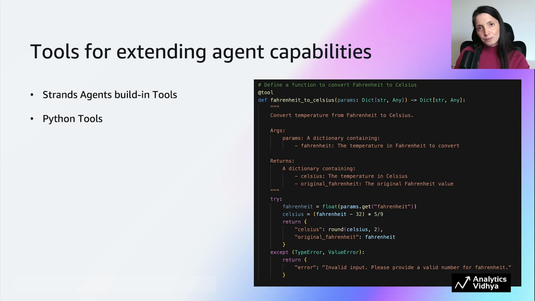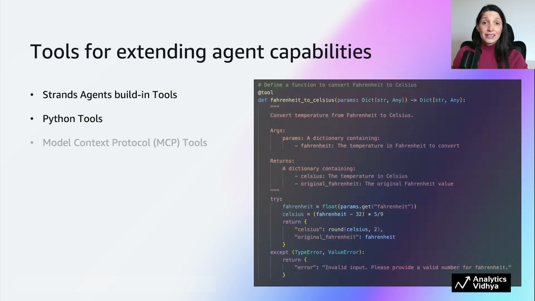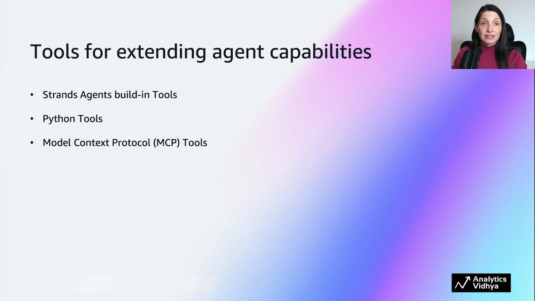And last, we have the Model Context Protocol, MCP, an open protocol that standardizes the way to expose and consume tools across different systems. This approach is great for creating reusable tool collections that can be shared across multiple agents or applications.